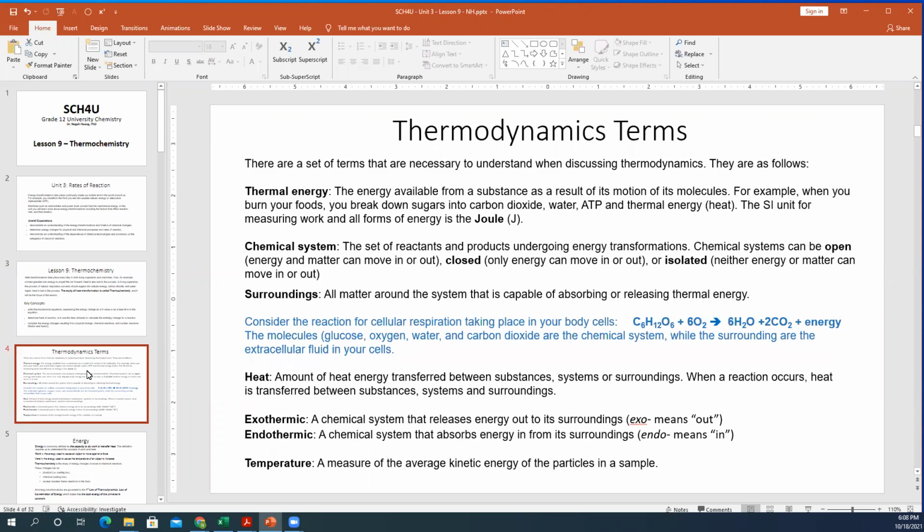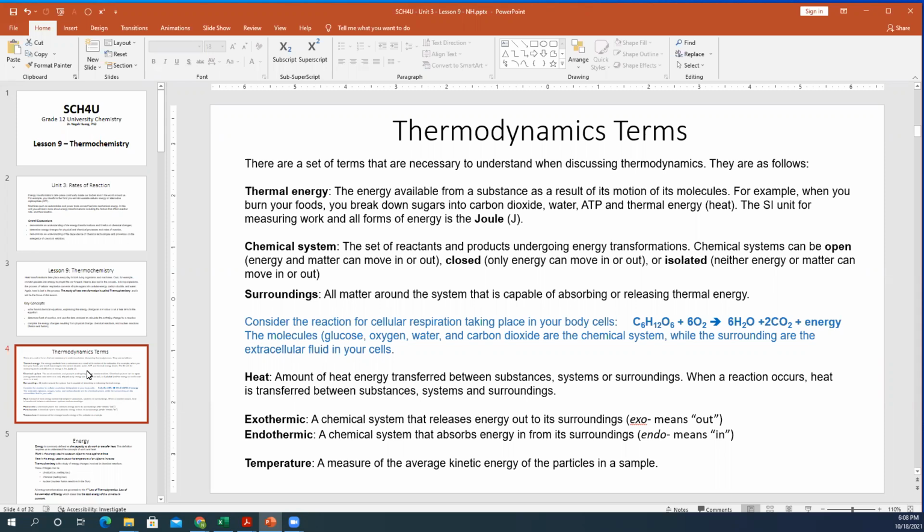To begin with, let's cover some definitions and some thermodynamic terms so we understand what each of these terms mean. There's a set of terms that are necessary in order to understand what we are discussing when we're talking about thermodynamics. The first one is thermal energy. Thermal energy is the energy available from a substance as a result of the motion of its molecules.